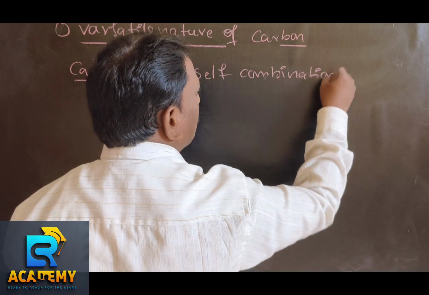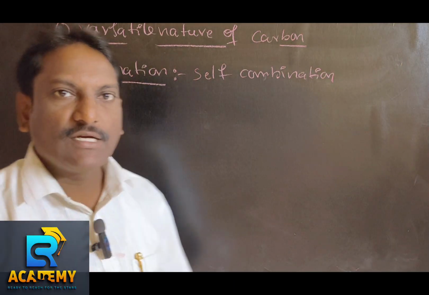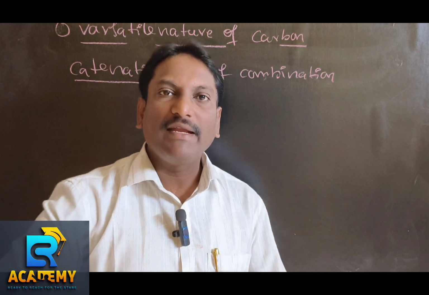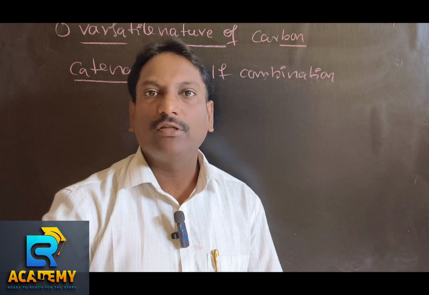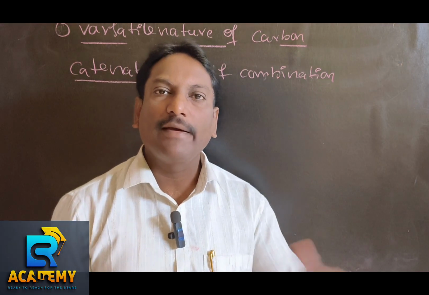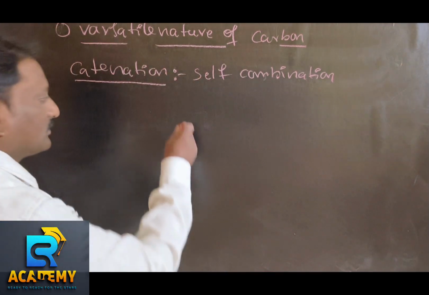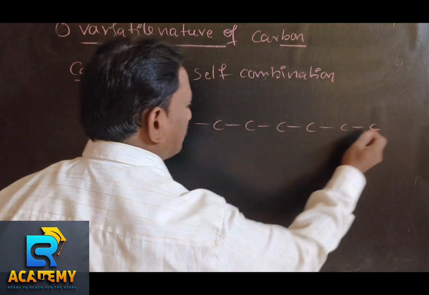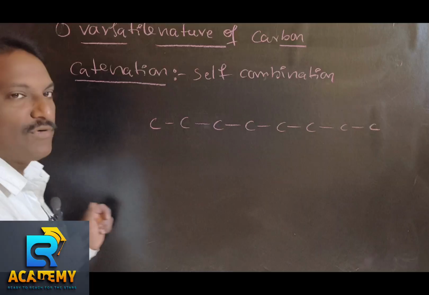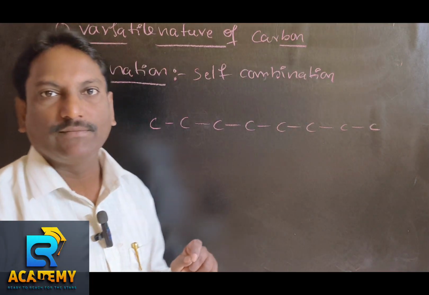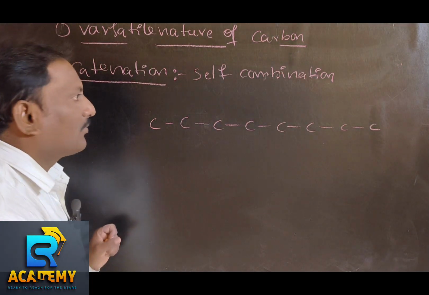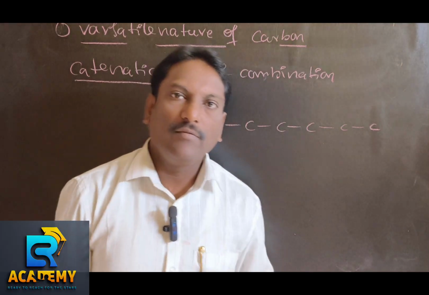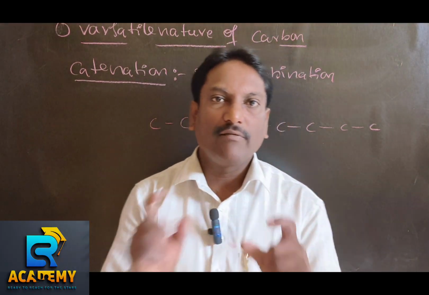That means carbon has the capability to combine with other carbon atoms to form the longest possible chain, like this, without breaking. This property is called the catenation property.